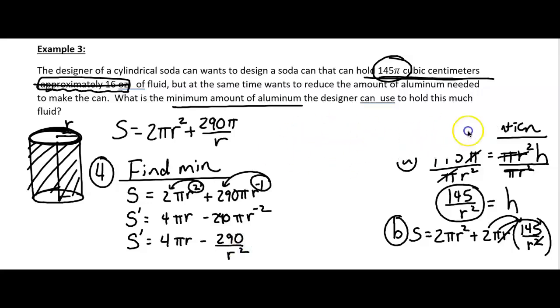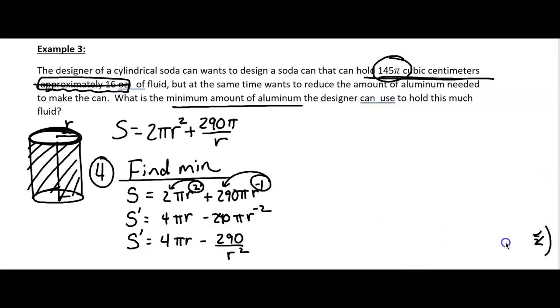So now we want to find the actual minimum or maximum. So what we're going to do is set this thing equal to 0. And I would start by adding 290 over r squared to both sides.